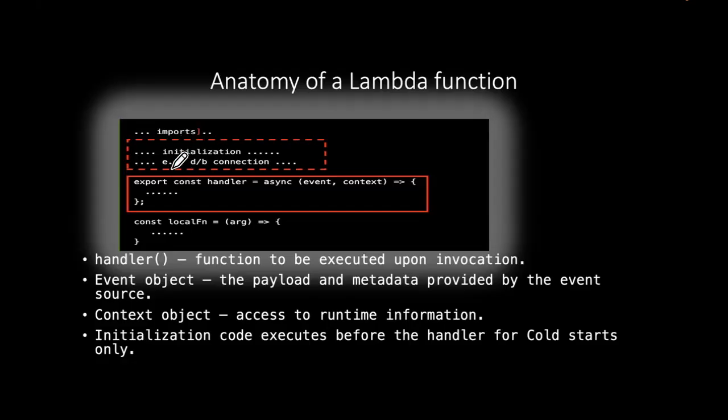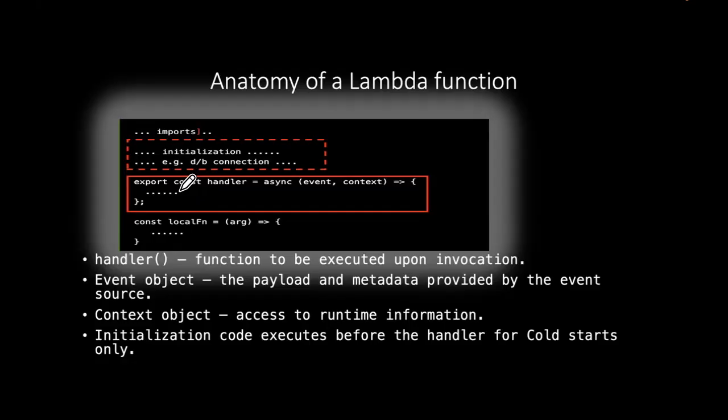Now, there is code up here as well, which we refer to as initialization code. This initialization code typically does things like make a connection with another service or another resource. A simple example would be if this handler wants to talk to a database.